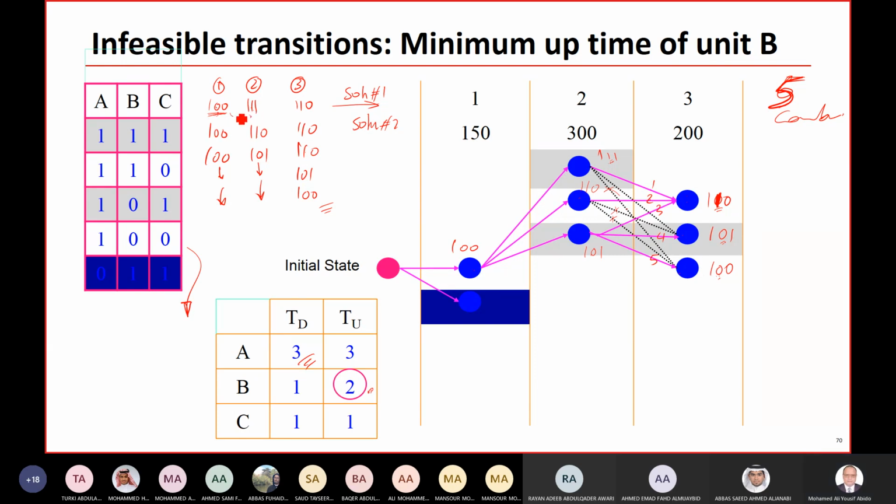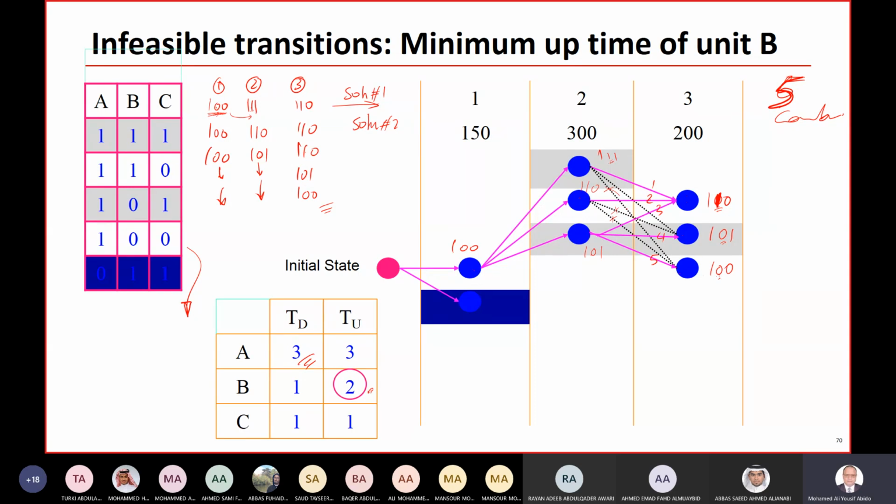You have to check. For example, in this combination, if we move from this one to this one, machine number 1 is still on, but there is no cost involved here for machine number 1, and that's on. Now machine number B will start up here. We will change the status from 0 to 1. So the startup cost of unit B must be considered here.